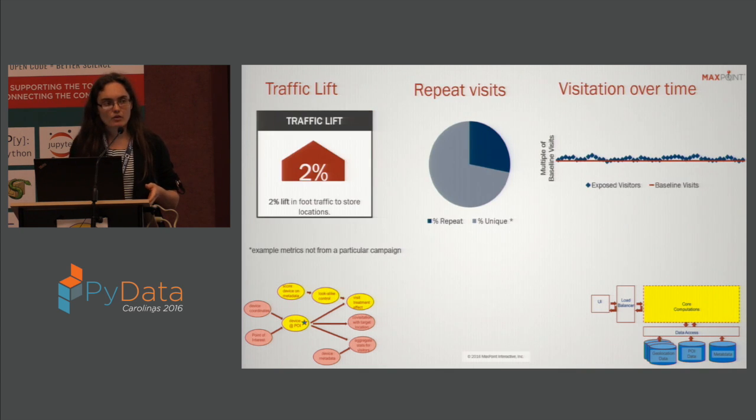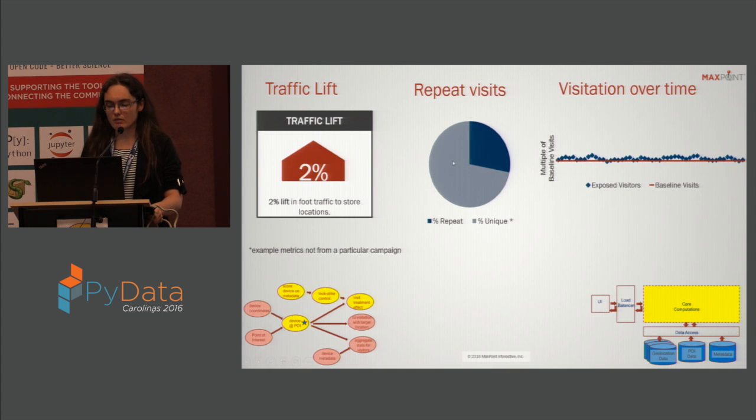So once we have a control group, we can do all sorts of different measures. We can measure traffic lift. We can compare the control to the test group and say, how much lift do I have in my location? How much more likely are the test users to come to the store than the control users?